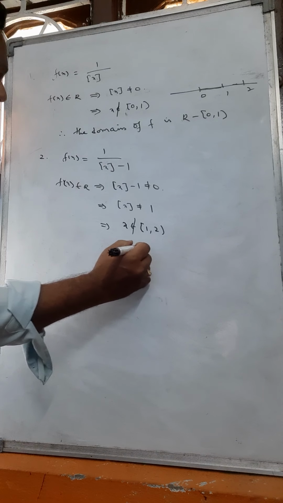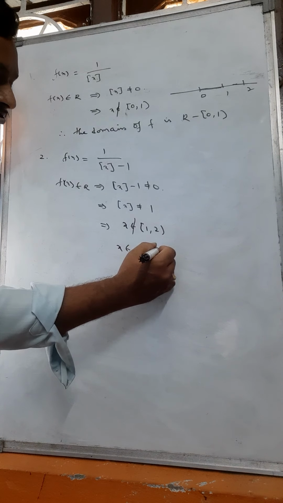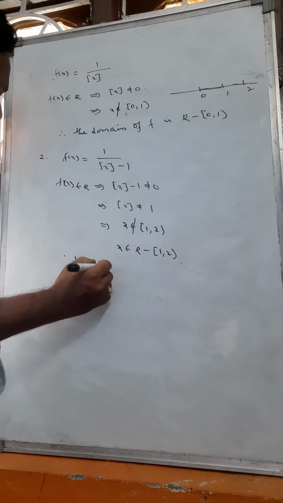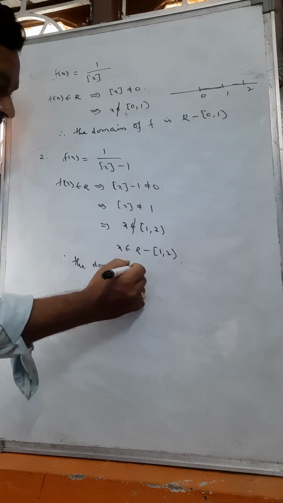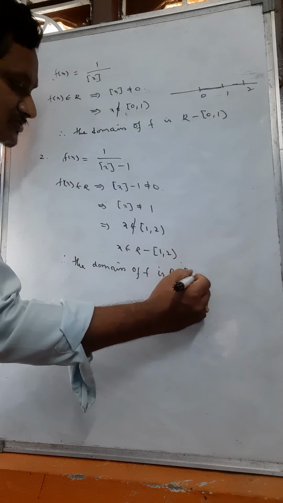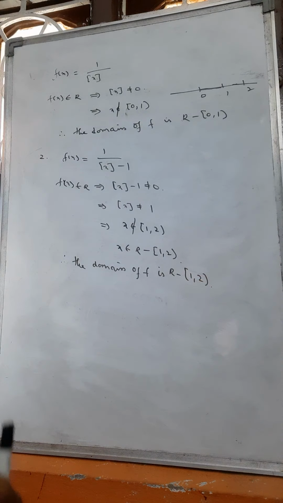So x belongs to all the real numbers except [1, 2). So therefore the domain of f is R minus [1, 2), left closed 1, right open 2.